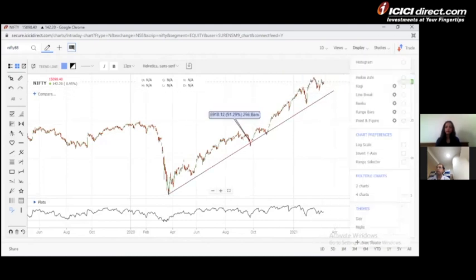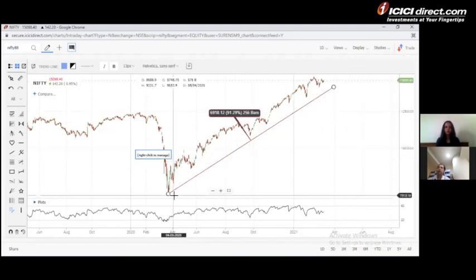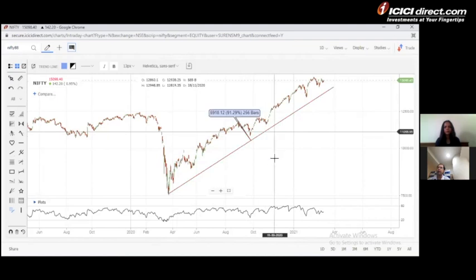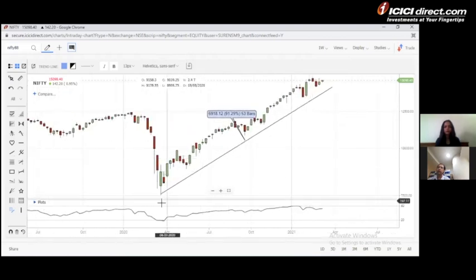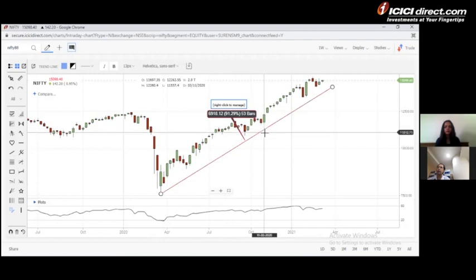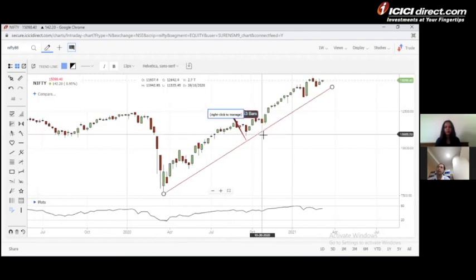Whenever the price approaches the trend line, it is a buy, and the risk reward becomes very favorable.